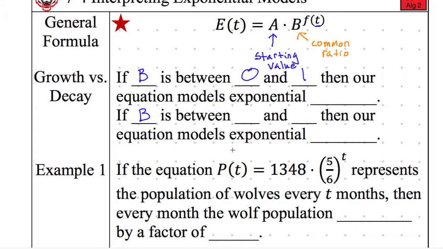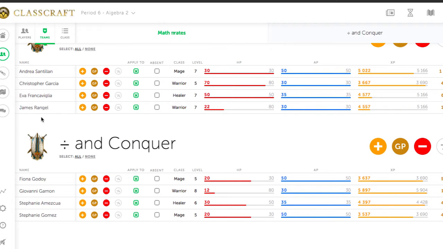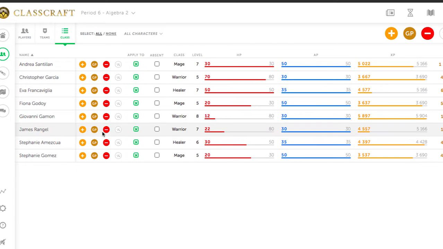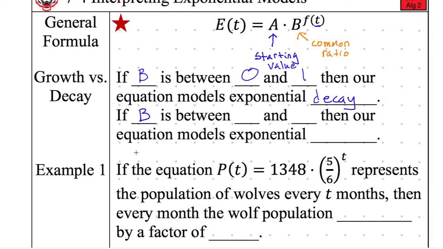Quiet raised hand. Is it growth or is it decay? James? It is not growth, actually. 0 and 1, that's going to be a smaller value. So therefore, James, it is in fact decay. And I can't spell decay. There we go. Thank you, James. Let's come back here so I have it alphabetized. And there is James.